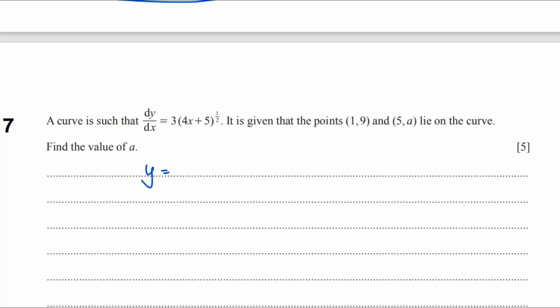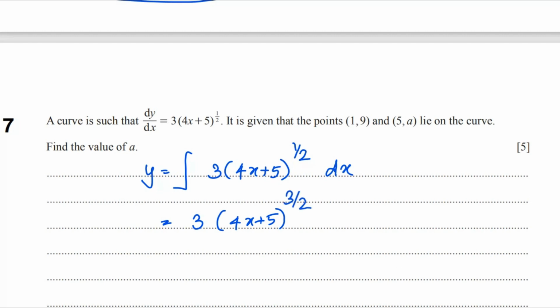So y is equal to integral 3 times (4x plus 5) the whole power 1 over 2 dx, which is equal to 3 multiplied by (4x plus 5) the whole power 1 over 2 plus 1 will give 3 over 2, divided by 3 over 2 multiplied by the coefficient of x, which is 4, plus the constant c.